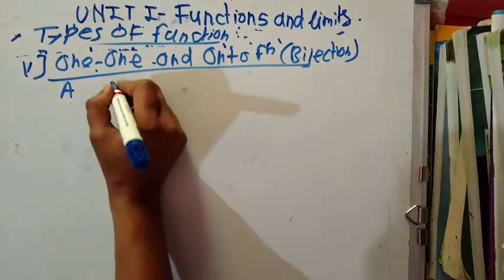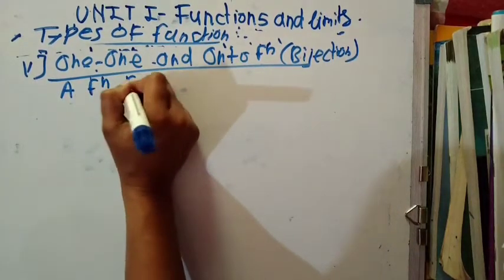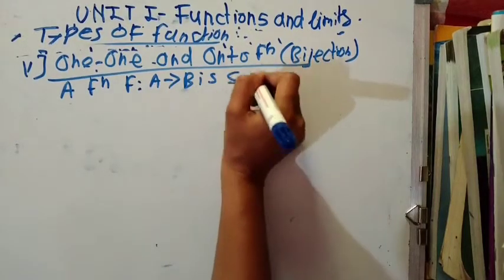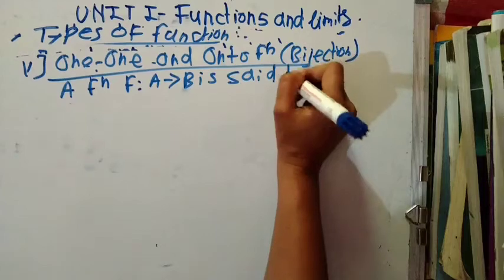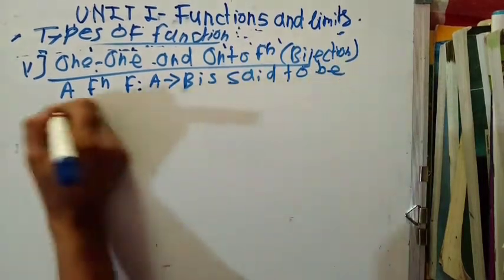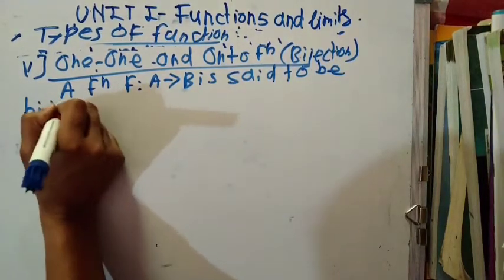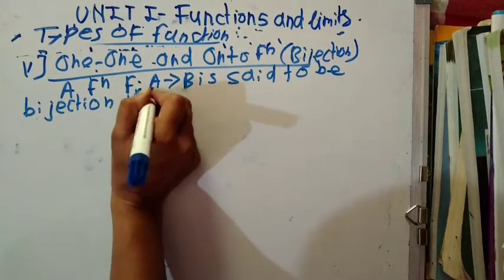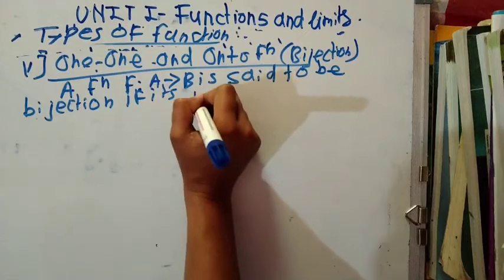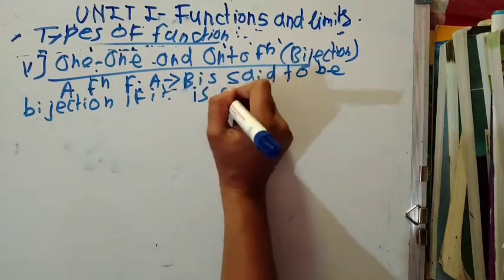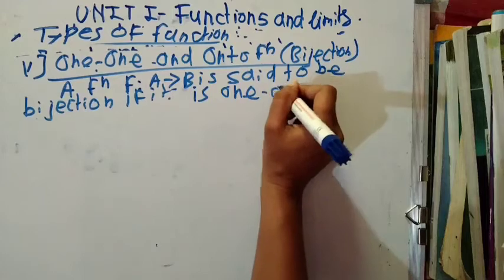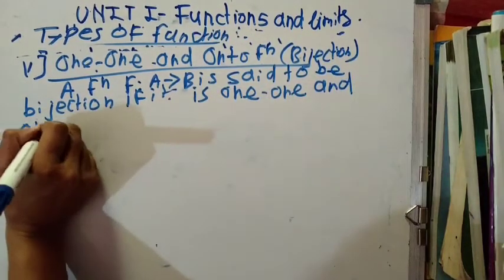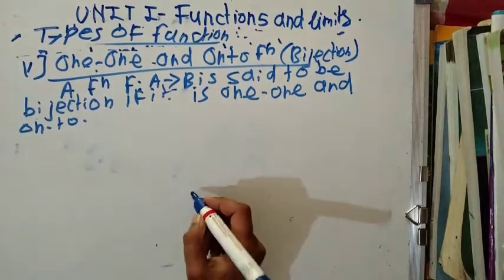A function f from A to B is said to be a bijection if it is one-one and onto. If both one-one and onto hold, then it is a bijection function.